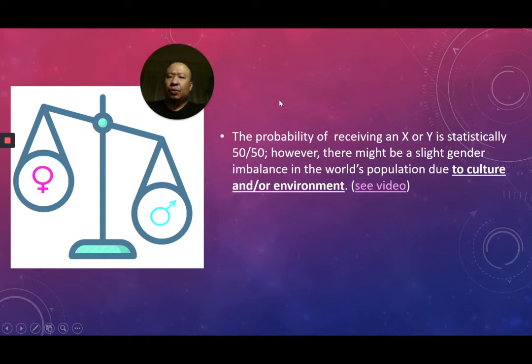So even though you have two choices, an X or a Y, it should be a 50-50 probability, but it depends on a bunch of other factors. Nature does have an influence over whether there might be a situation where more males might be created or more females, or even fewer males or fewer females.